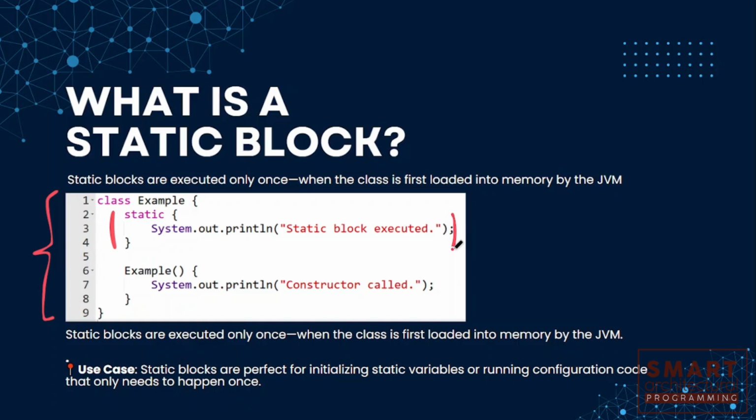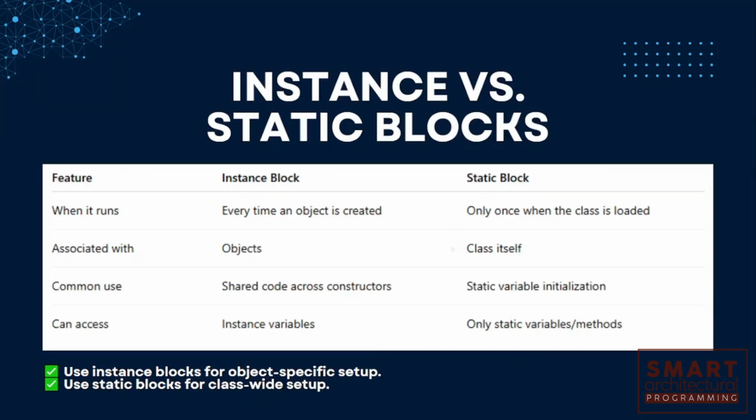If you create multiple objects of the example class, the static block still runs just once before anything else because it runs as soon as the class is loaded by the JVM. Static blocks are perfect for initializing static variables or running configuration code that only needs to happen once for your software to work.